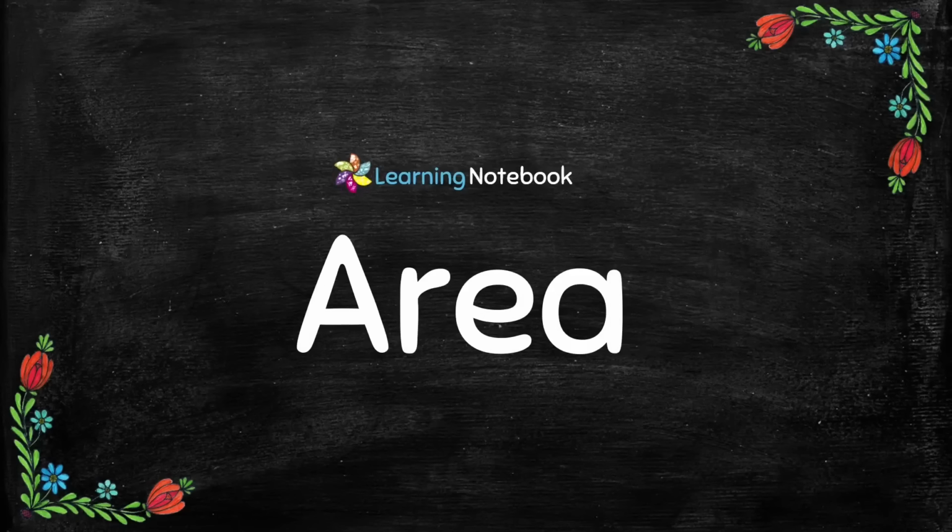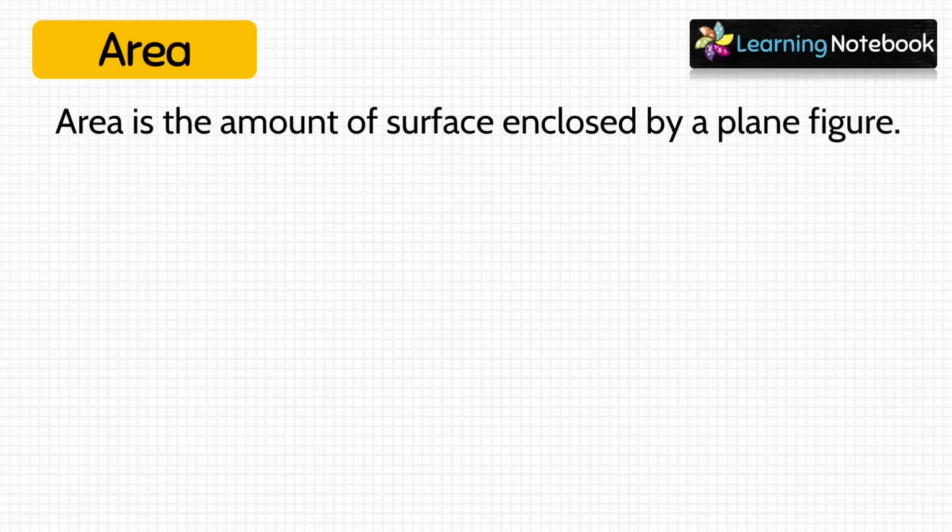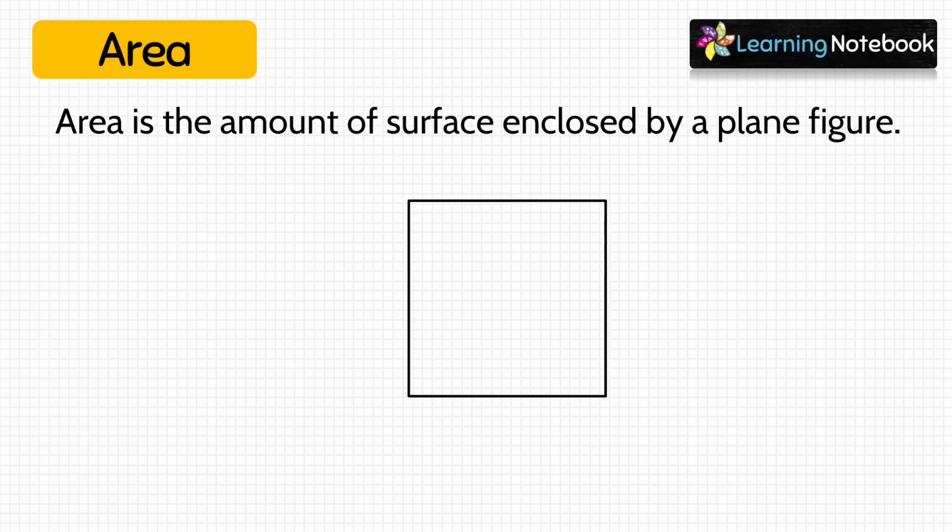Now let's move to our next topic, area. So what is area? Area is the amount of surface enclosed by a plane figure. Let's take an example to understand what is area. Let's draw a square.